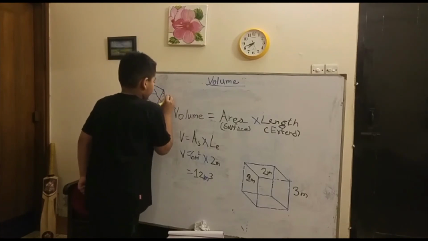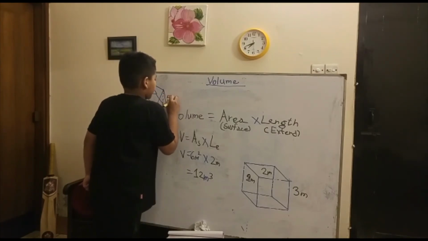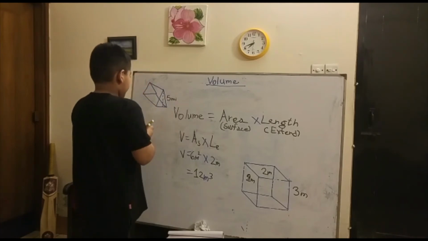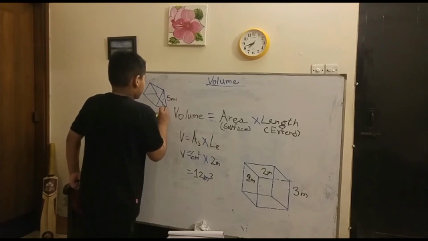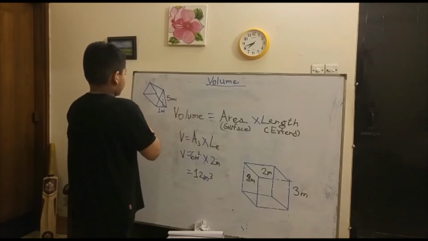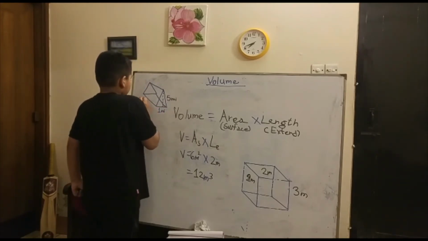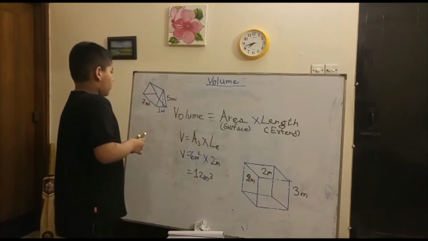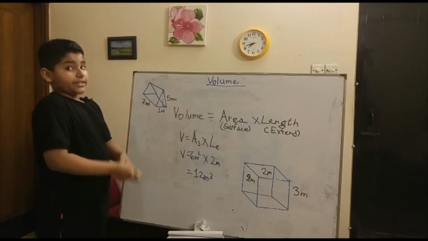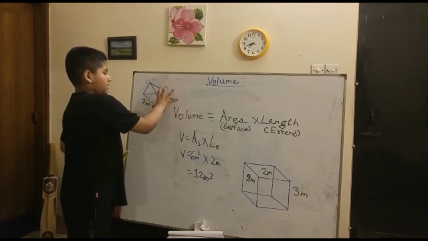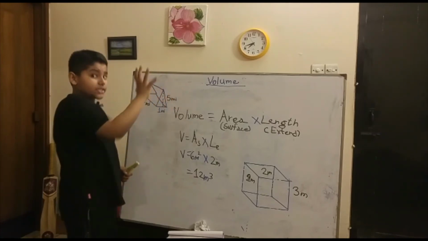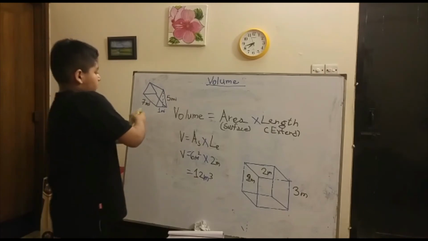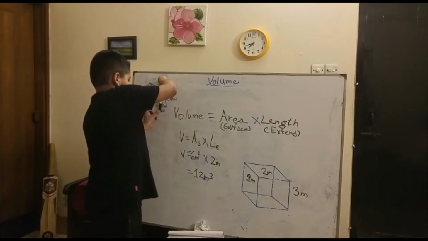So let's say the height is 5 miles, the base is 1 mile, and the extension is 7 miles. Now don't confuse the base of the triangle with the base of the shape, which is the triangle itself. When we talk about base, we talk about the triangle.